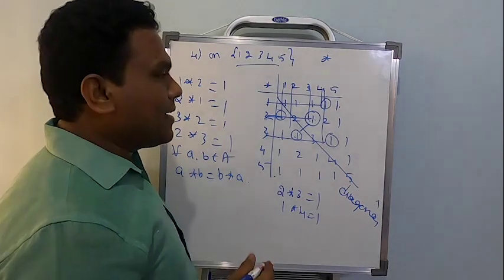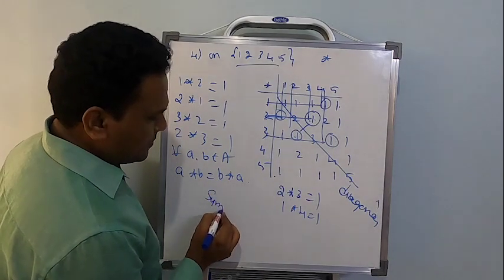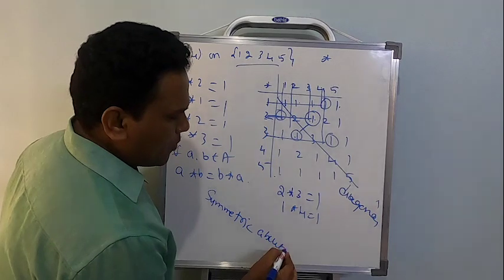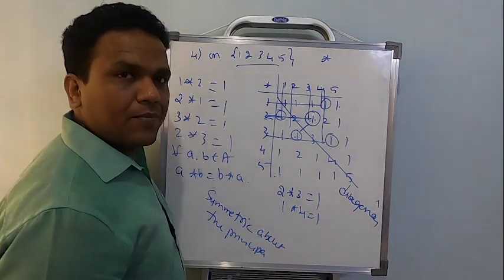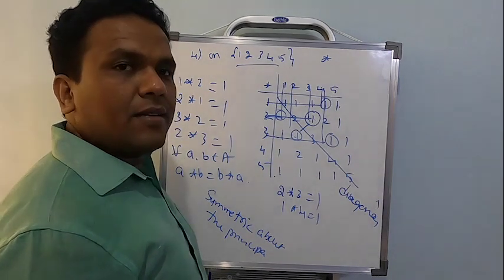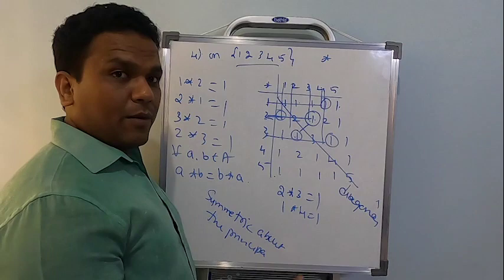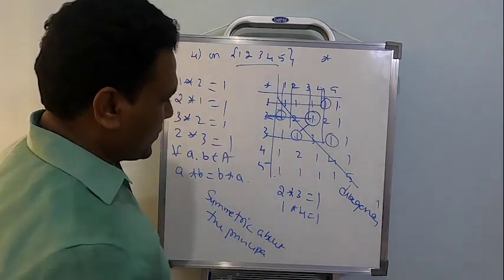We say that the table is symmetric about the principal diagonal. In such a case, we say that the given operation is commutative. That is how to check using the table. Clear?